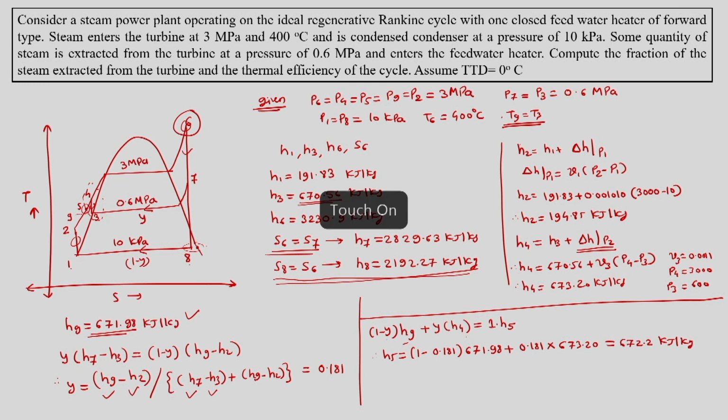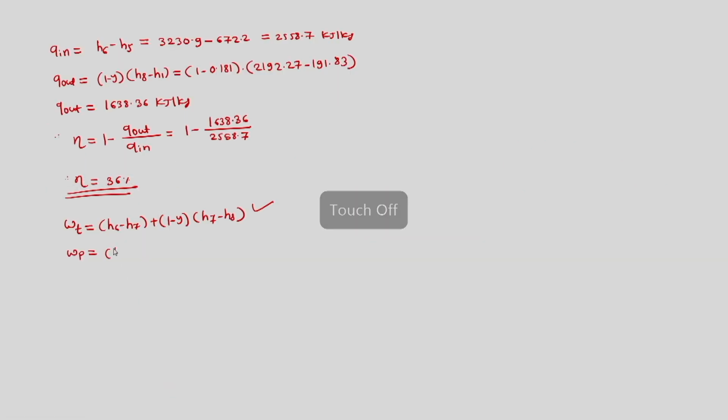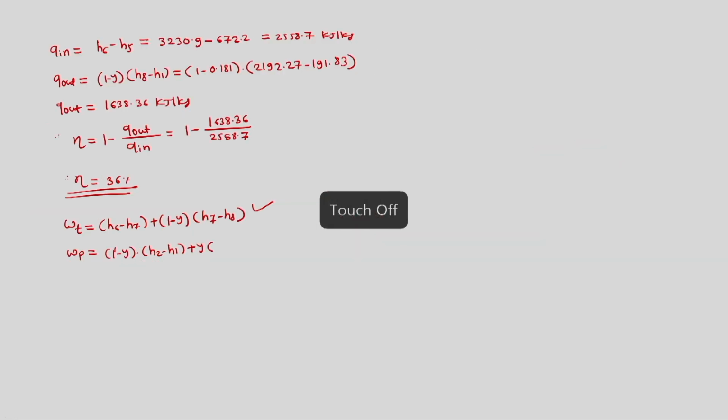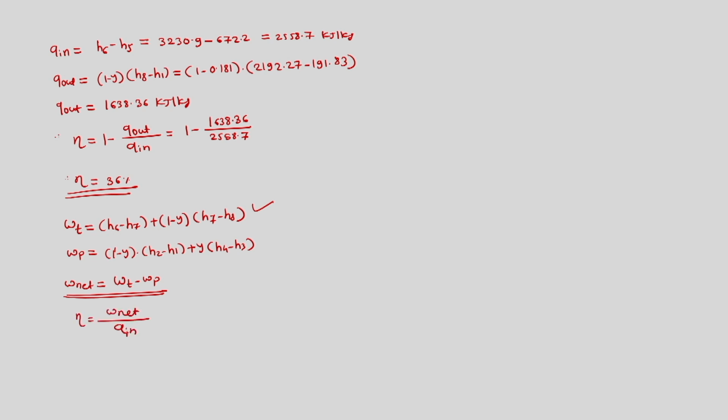Here we are handling 1 minus Y into H2 minus H1 plus Y into H4 minus H3. We know all enthalpies, we know Y. We would have found out W net is equal to Wt minus Wp. If we divide it by Q in, we can get efficiency. So this is how we would have found out efficiency in the present case.